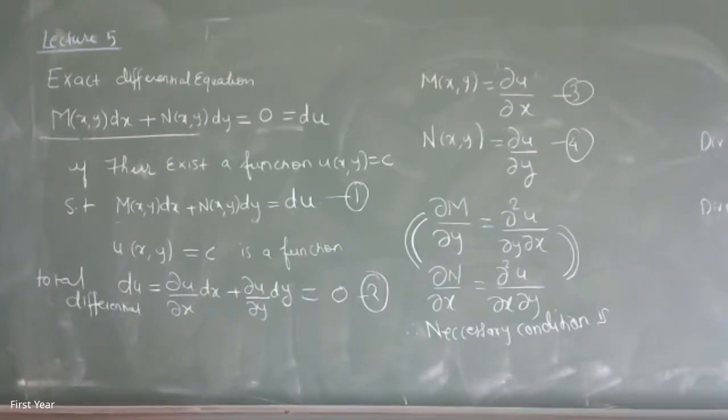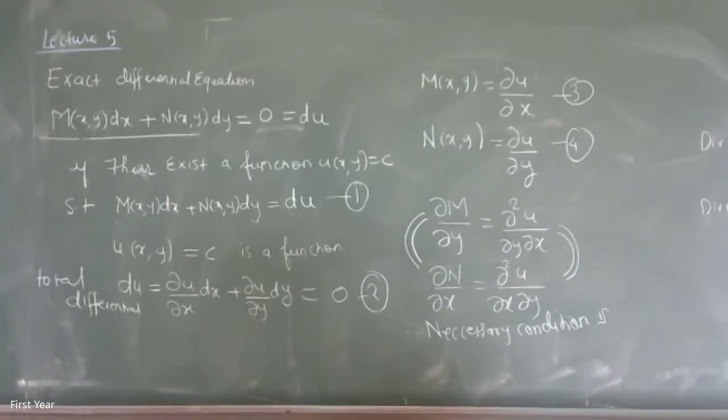That is, if u(x,y) equal to c is a function, then the total differential du is equal to ∂u/∂x dx plus ∂u/∂y dy, which is equal to 0.